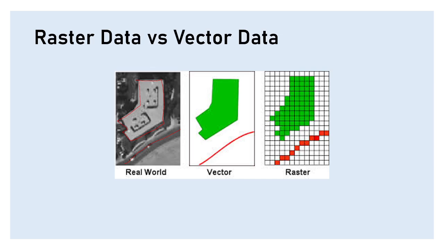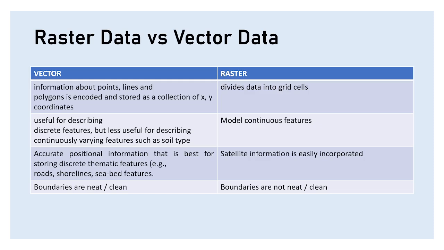But if that continuous variation needs to be recorded, for that purpose you will have to use the raster data set, because each grid has its own unique values. So if the soil type is varying, then according to that, the grid cell values will also vary. As a result, the raster data can account for the continuously varying soil type, but the vector data cannot do that. That is the difference.